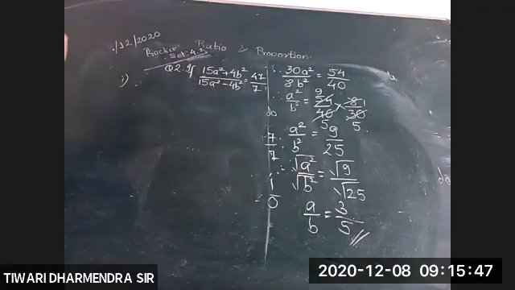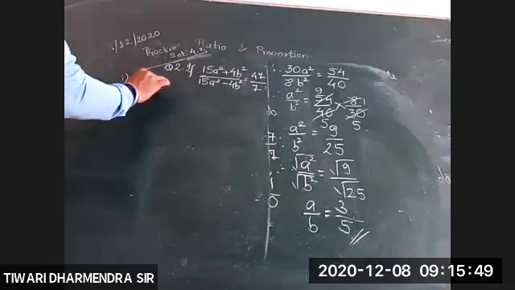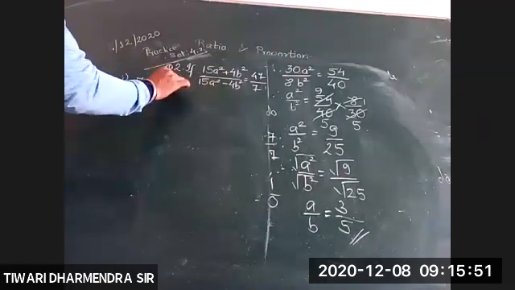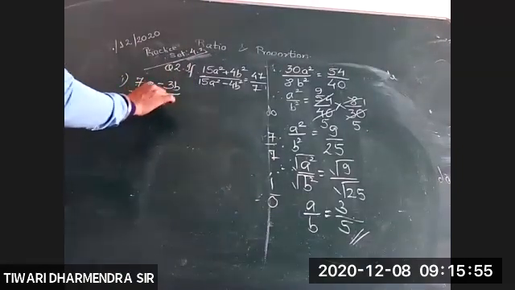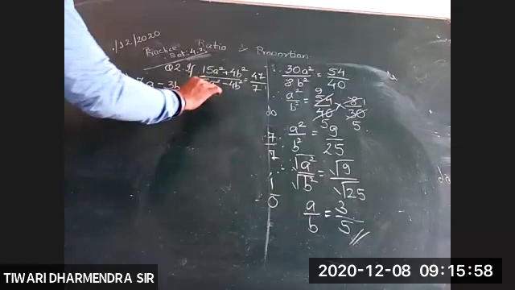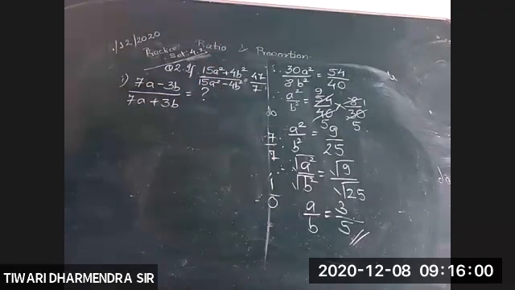In the second part, what they're asking us, very simple: 7a minus 3b upon 7a plus 3b. So from here we can see that the requirement is of 7a and 3b, and we have only a by b. So as per requirement, we will do the multiplication.